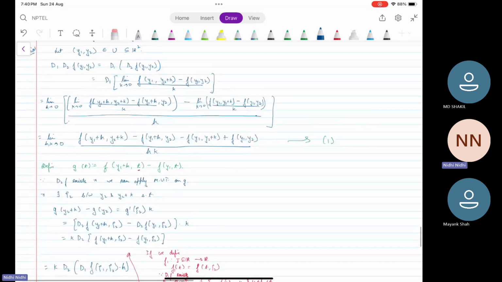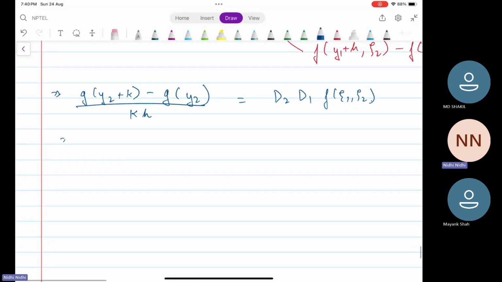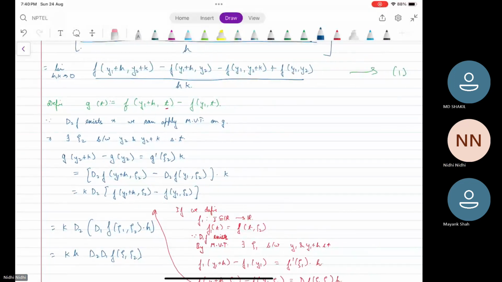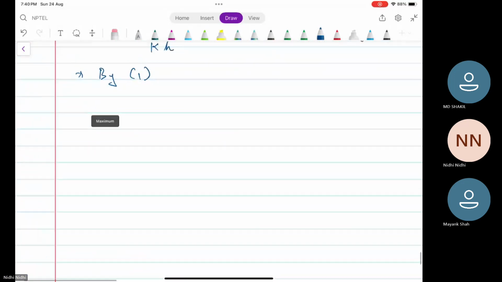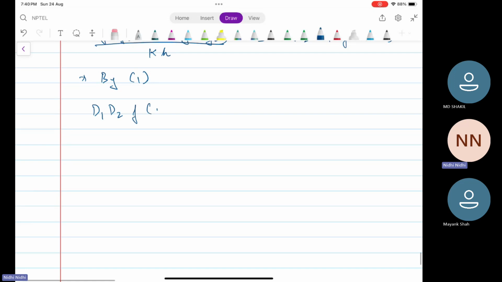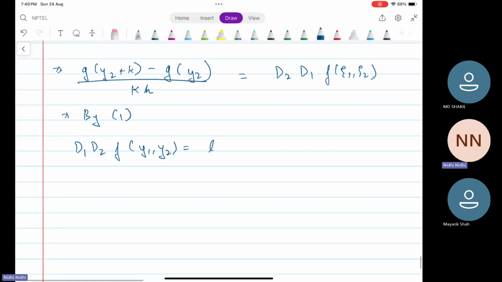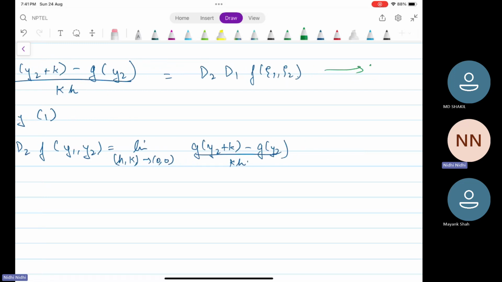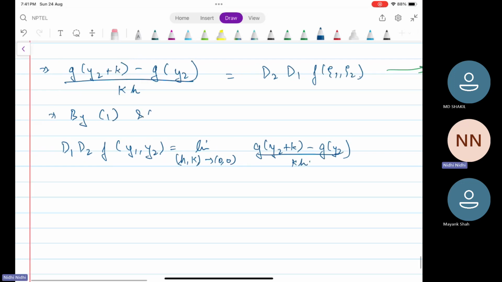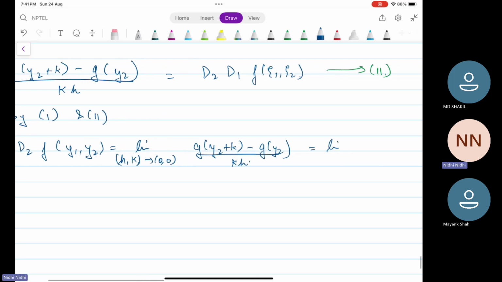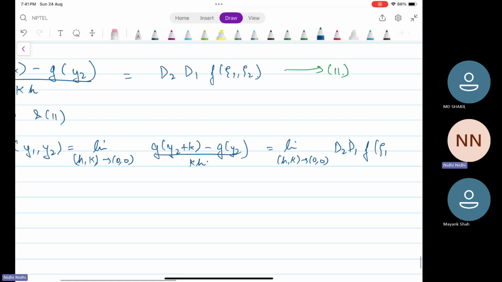So I can directly write from equation 1: d1 d2 f at y1, y2 is nothing but the limit as h, k tending to 0, 0 of [g(y2+k) − g(y2)] on kh, which by the second and first equations is equal to the limit h, k tending to 0, 0 of d2 d1 f at zeta 1, zeta 2.